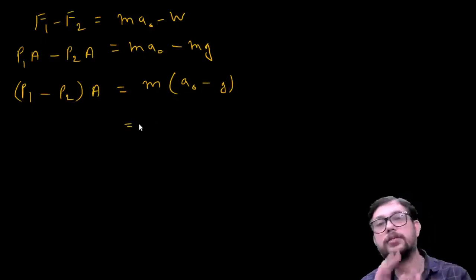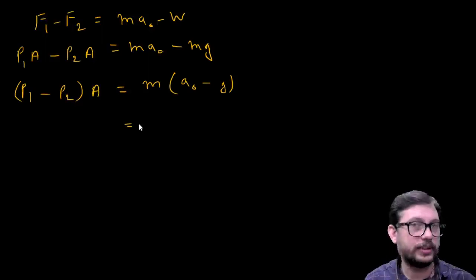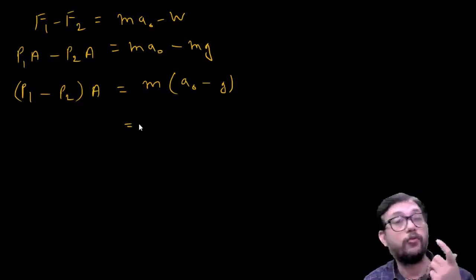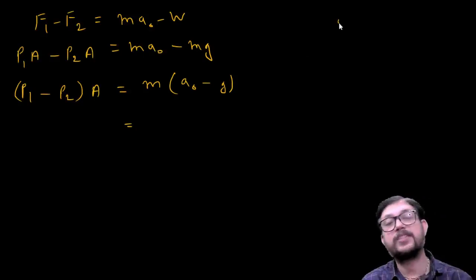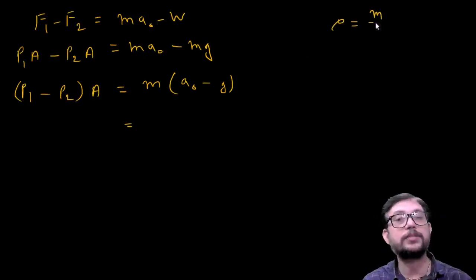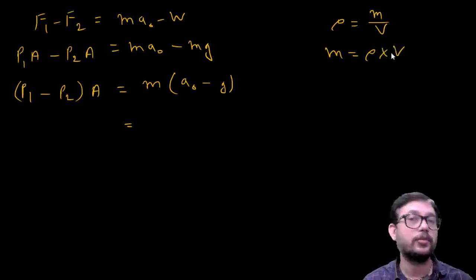Now we know that in place of mass we can use density in terms of volume. The basic formula is density equals mass upon volume, so mass equals density into volume.